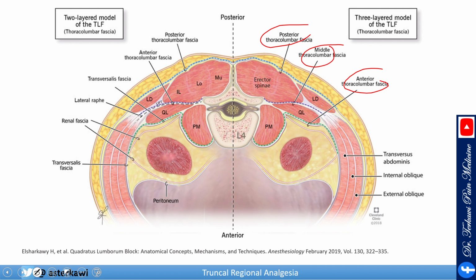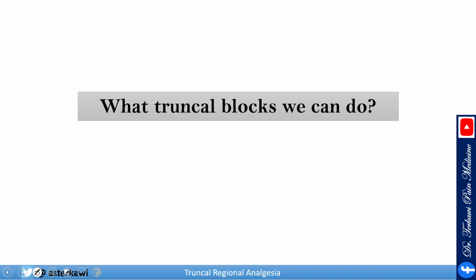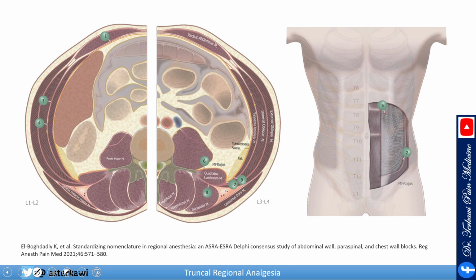The 3 is more commonly used. So why did we learn all of that? Because now we can do literally almost 20 blocks just by understanding what we learned from muscle and innervation.